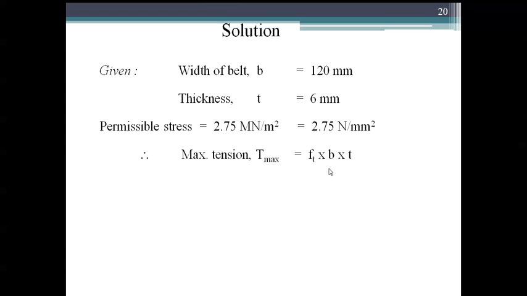So from this, maximum tension Tmax equal to permissible stress into area of the belt. So 2.75 into area of the belt, which is width into thickness, 120 into 6, that is 1980 newtons, the maximum tension developed in the belt.